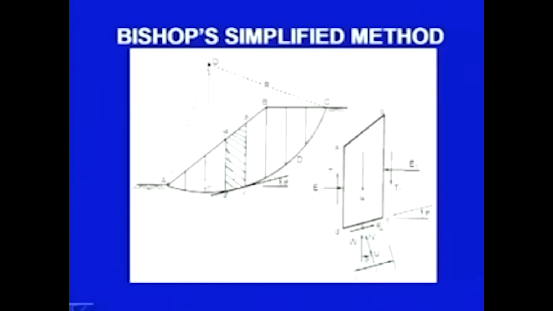Similarly, here there will be another force which will be acting on this slice in the upward direction, and on the adjoining slice it will be acting in the downward direction. So, as a whole, when you sum up these T forces and E forces for the entire mass, they should be equal to 0.